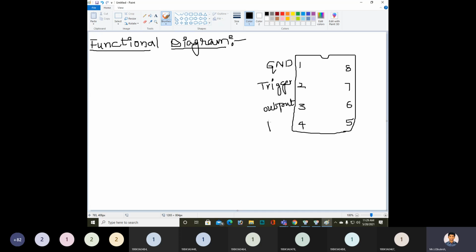The fourth one is reset pin. Fifth one is control voltage.